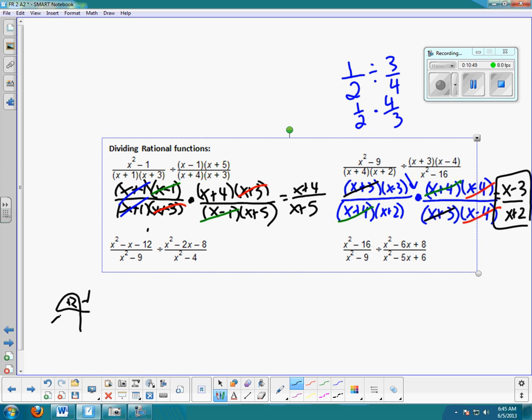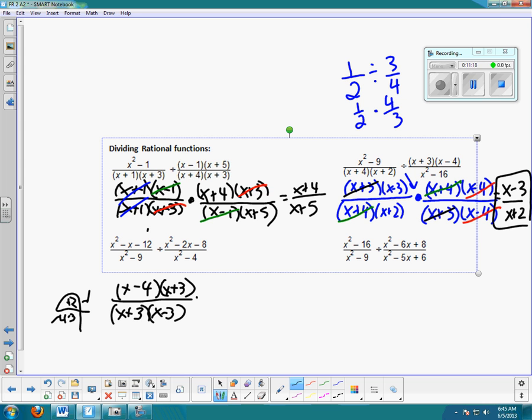And those numbers are negative 4 times 3. And so the first one factors into x minus 4 and x plus 3. The bottom is x squared minus 9, which is a difference of squares, which turns into x plus 3 times x minus 3.